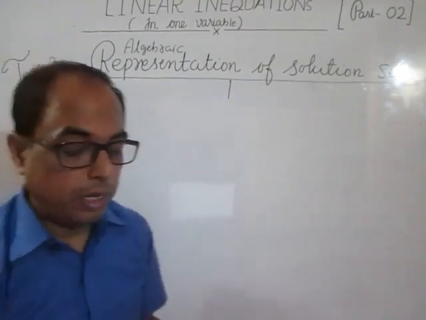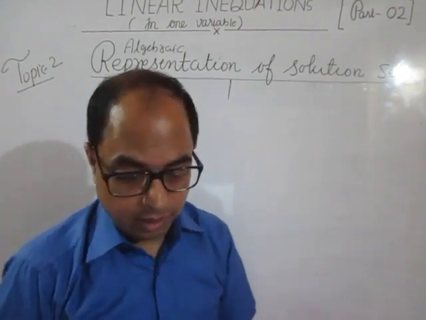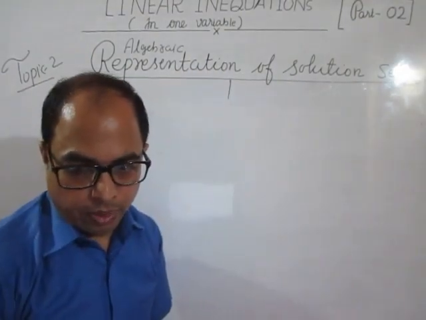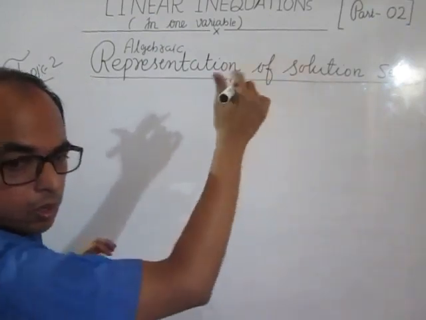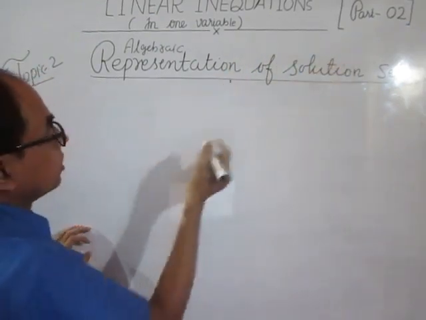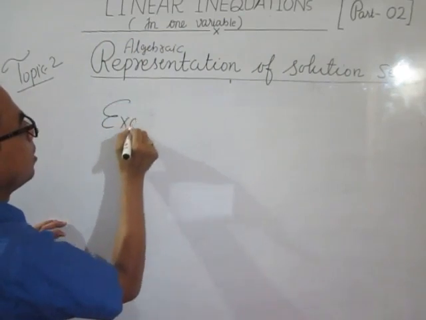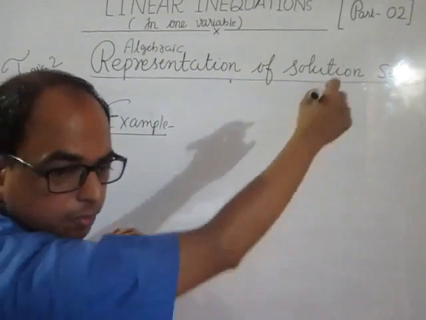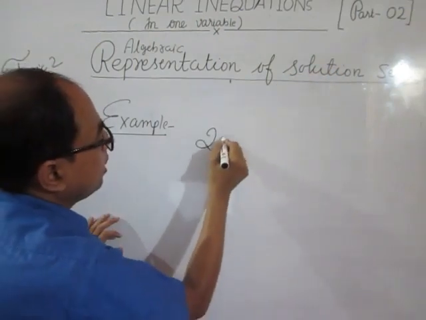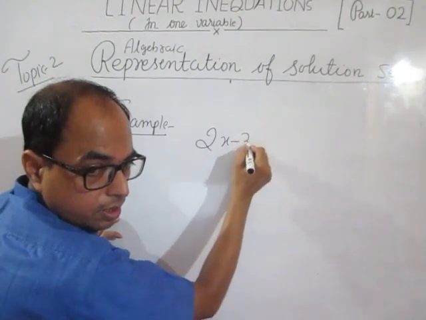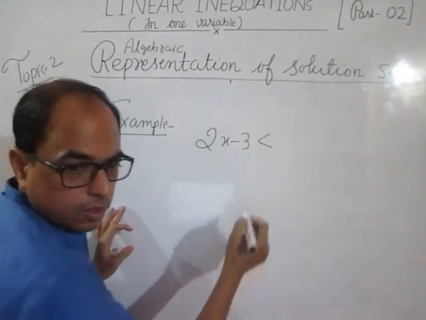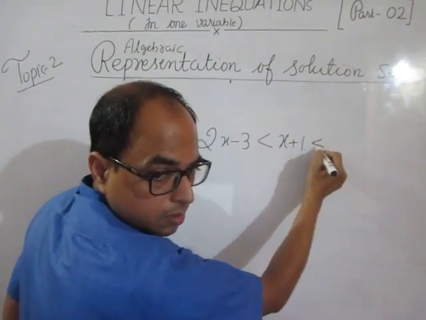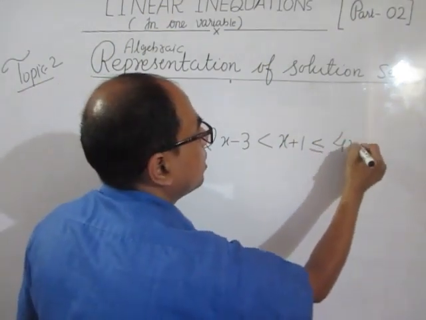Now, to explain this concept, let me take one example of an inequation. So let us consider one linear inequation example: 2x minus 3 less than x plus 1 less than or equal to 4x plus 7.